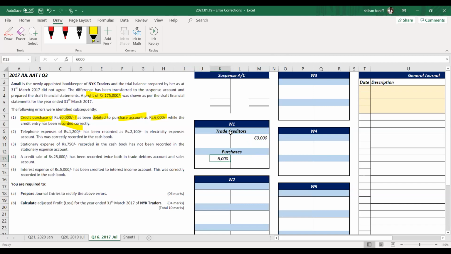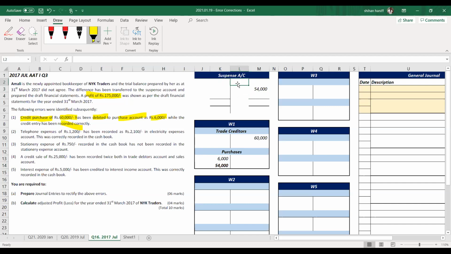Credit entry has been correctly recorded. Debited to purchases account as 6,000. Therefore, 54,000 we have to debit the purchase account, and that will be credited to the suspense account, 54,000. Always, if the opening balance is not given, you have to keep a space on the top.